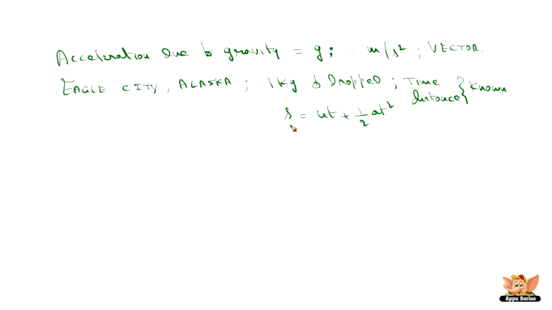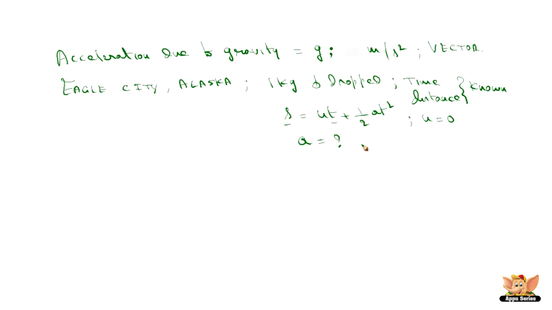The equation of law of motion states s, which is the distance, is ut plus half at square. When a body is dropped from the top, u is 0. So with the known t and the known s, we can find a.